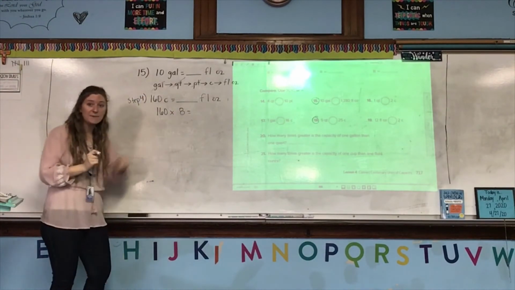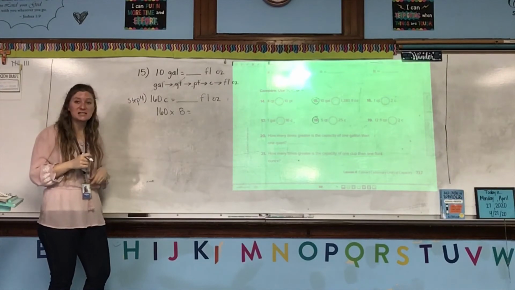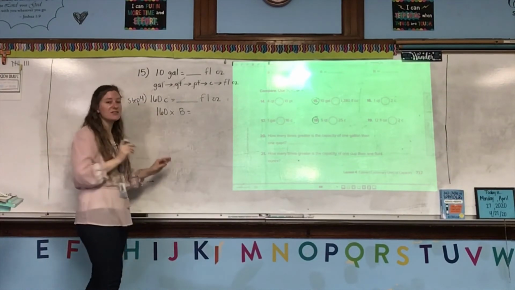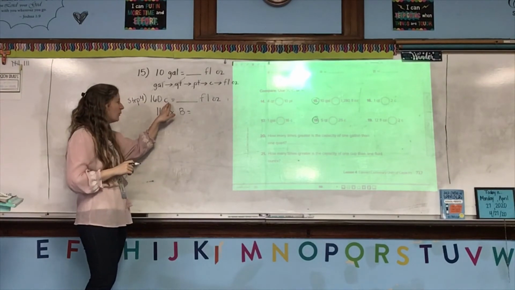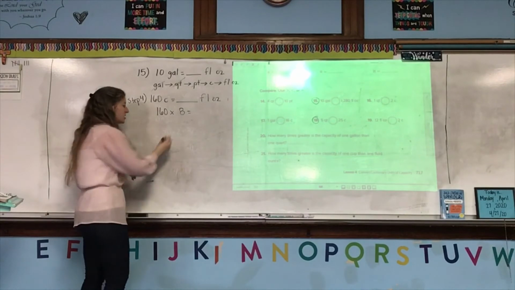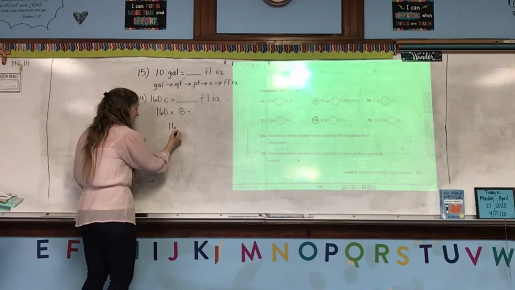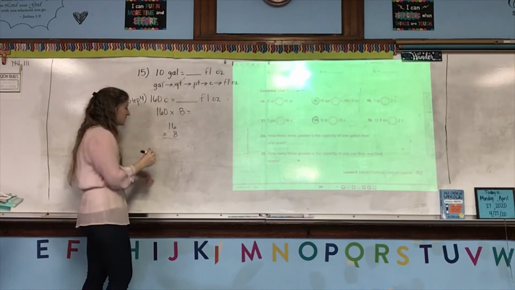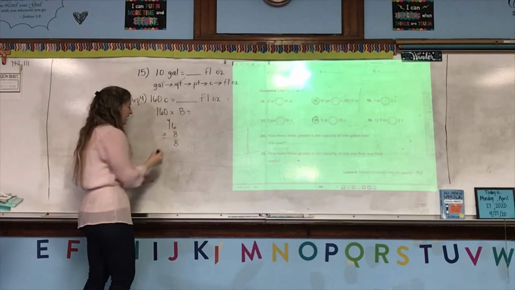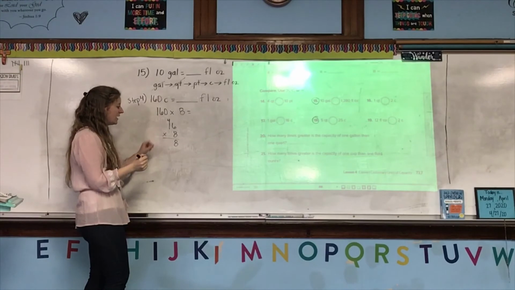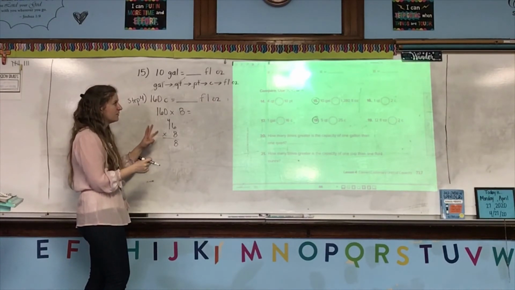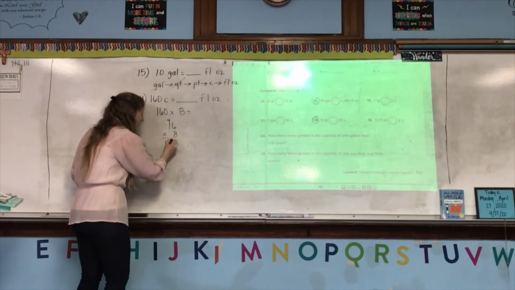Now this is not a basic fact. We cannot use basic facts and patterns here. So what I'm going to do is pull out the simple fact, because I know whatever my answer is, it's going to have a 0 at the end. So I'm just going to pull out my simple fact, which is 16 times 8. 8 times 6 is 48. 8 times 1 is 8, plus 4, let me see, 8, 9, 10, 11, 12, is 12.